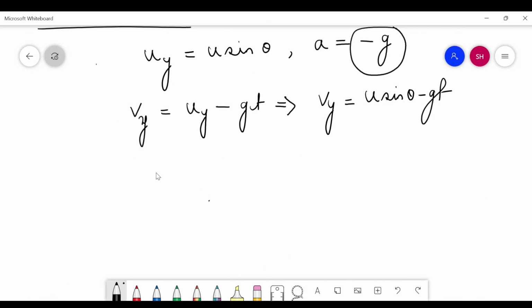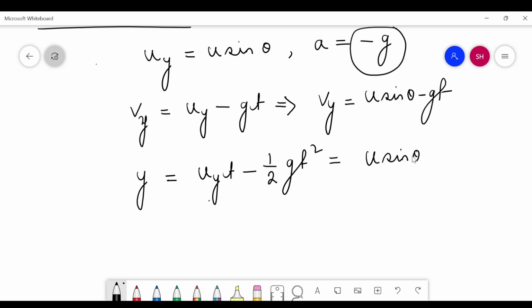What we can write here, the y distance that is being covered will be just u_y t minus half g t square, where we can write u sin theta t minus half g t square.